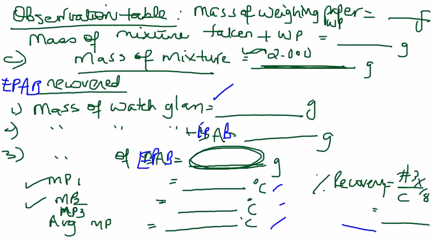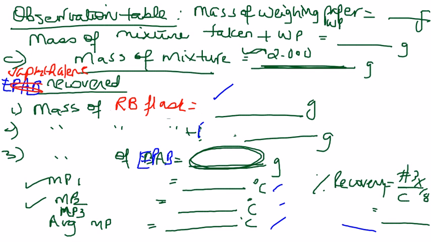And finally, in the case of naphthalene, you won't have a watch glass, but rather a round bottom flask. So you say RB flask. But you still will have to provide me those numbers and a complete observation table.